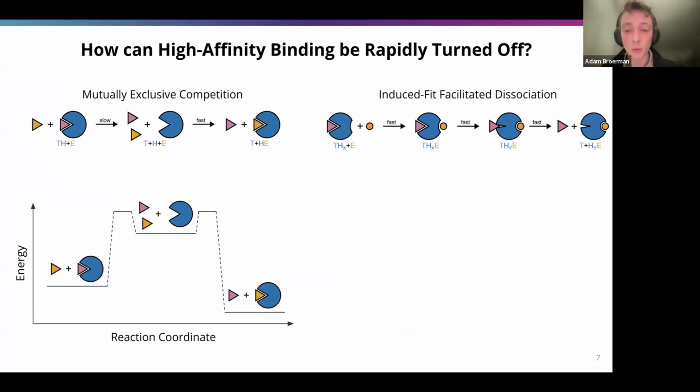So how would that work? We designed host proteins, which now have two binding sites, one for the target and a second one where the effector could bind. They also have two conformations, one which binds the target strongly, and another, induced by the effector, which binds the target more weakly, leading to its rapid dissociation in the presence of the effector.